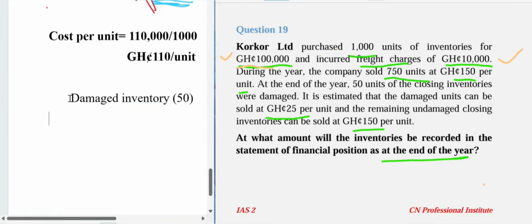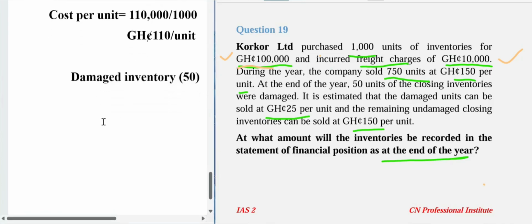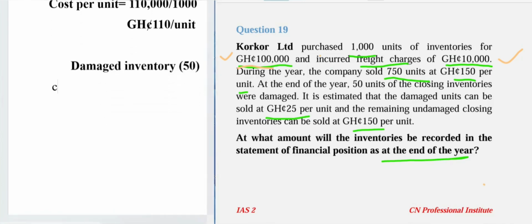Let me bold this one, because we are valuing the damage. So with this damaged, what will be the cost? Then we compare with the NRV. The cost of this 50 will be, as you know, cost per unit is 110, times how many units? 50 units.